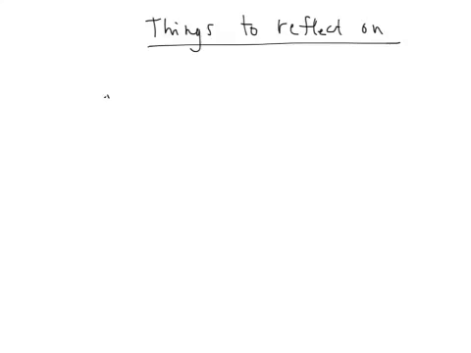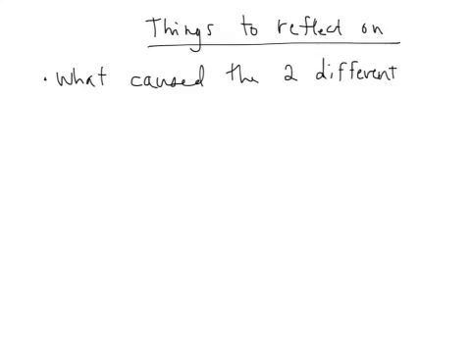What caused the two different trends that you saw in the data? Or if not, what caused the trends? Another way to think, this is the same question, I'm just phrasing it a different way.